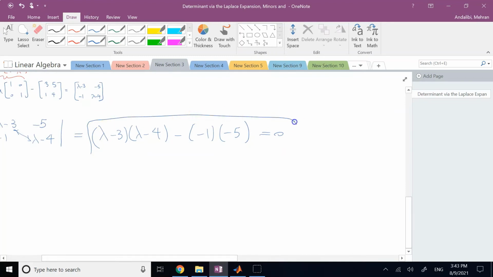Okay, so this is the characteristic polynomial, and if you simplify it here, you will get lambda squared minus 7 lambda, that's 12 minus 5, so it's going to be plus 7, is equal to 0, right?